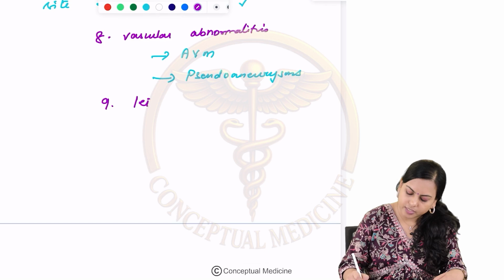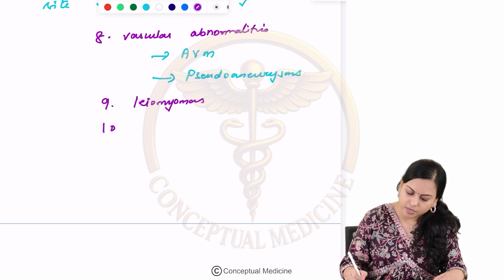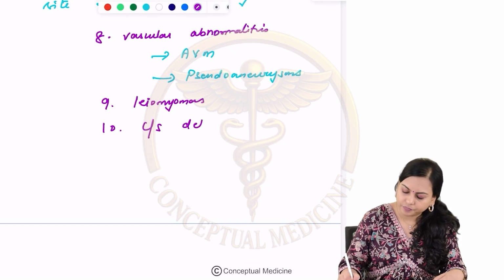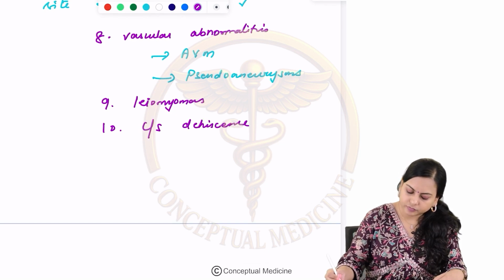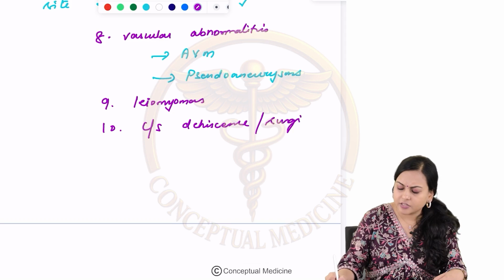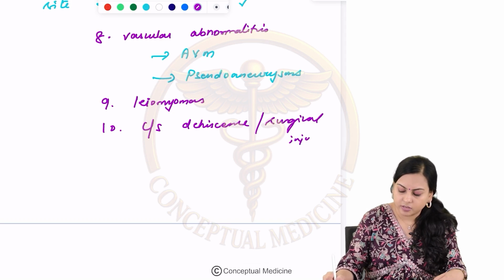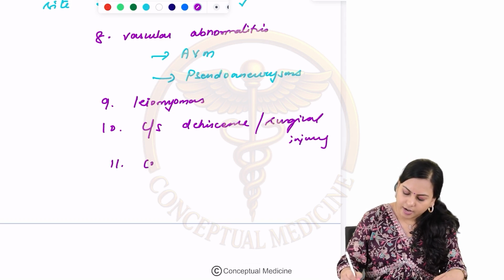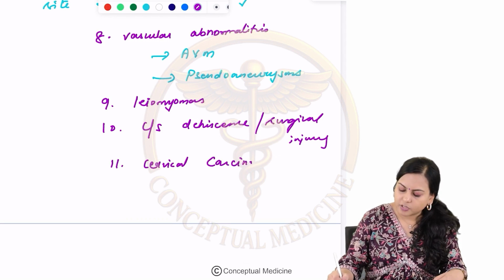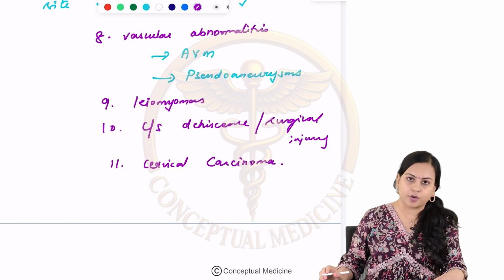Then in some cases there can be bleeding due to leiomyomas, cesarean section scar dehiscence, or any injury during surgery. And last but not the least, secondary PPH can also occur due to cervical carcinoma.